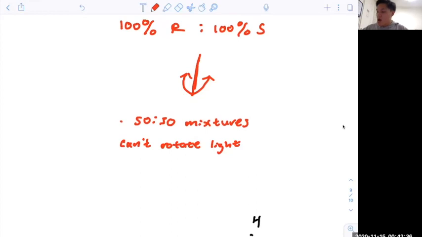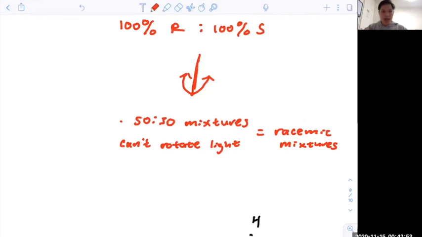And these are called racemic mixtures. Okay? Because they occur in both R and S 50-50, that means it's racemic, which means it's going to be achiral.